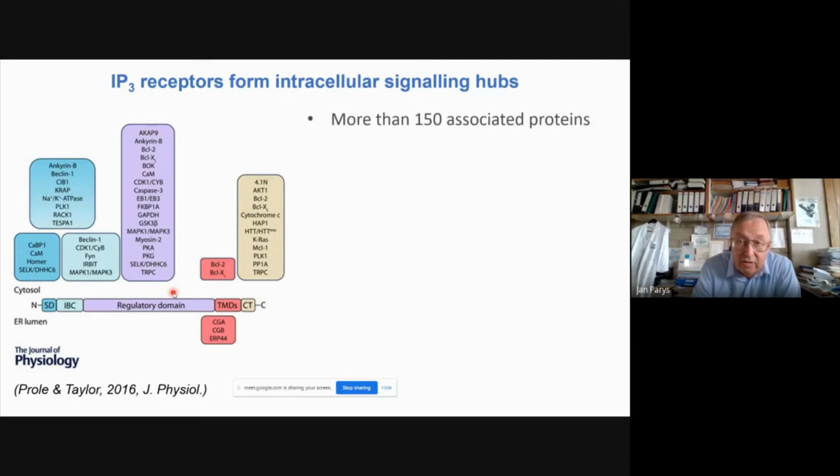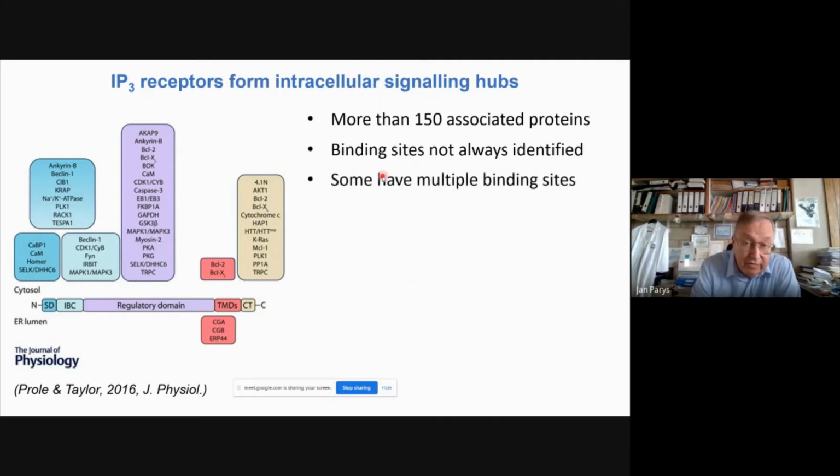And if we make the count, we are already over 150 proteins which can be associated with the IP3 receptor. Their binding sites have not always been identified, and it's even more difficult because some of them, calmodulin is an example, BCL2 is another example, have multiple binding sites.